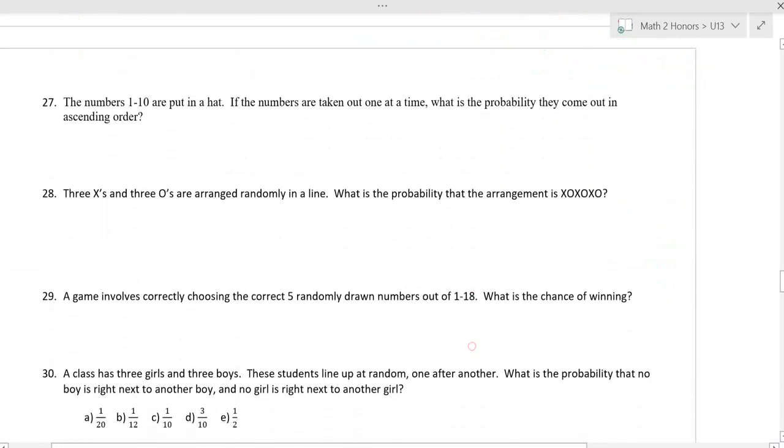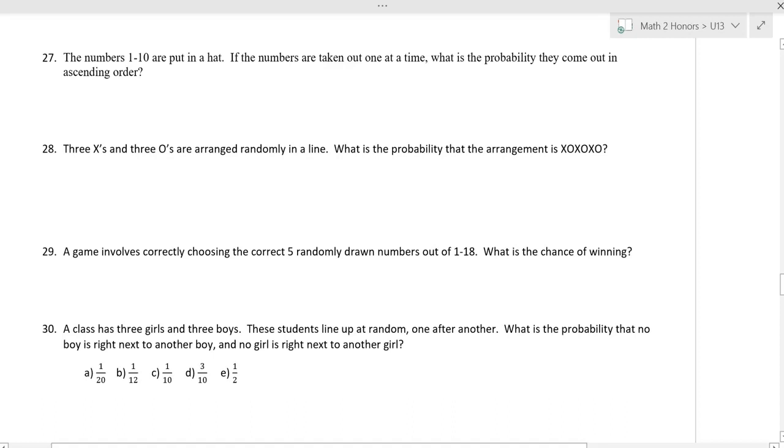Okay, 27. The numbers 1 through 10 are put in a hat. If the numbers are taken out one at a time, what's the probability they come out in ascending order? Ascending means lowest to highest. So I pick the 1 first, so 1 out of 10, and then I pick the 2 first, 1 to 9, there's 1 here, and then I pick the 3, there's 1 out of the 8 remaining, and so on.